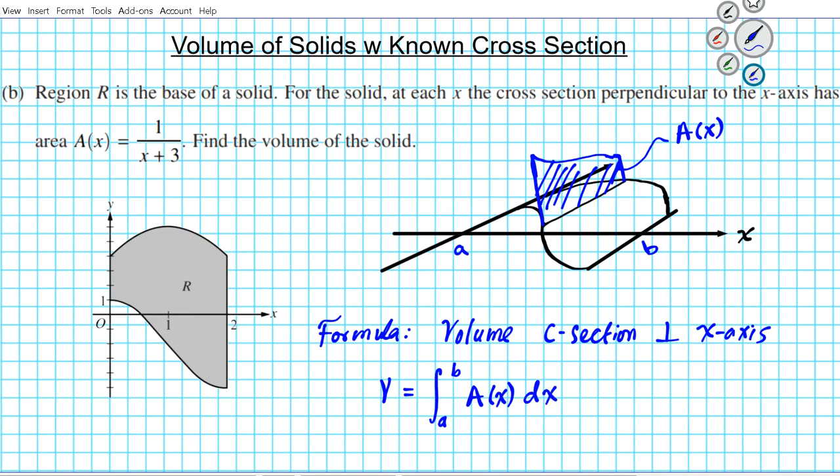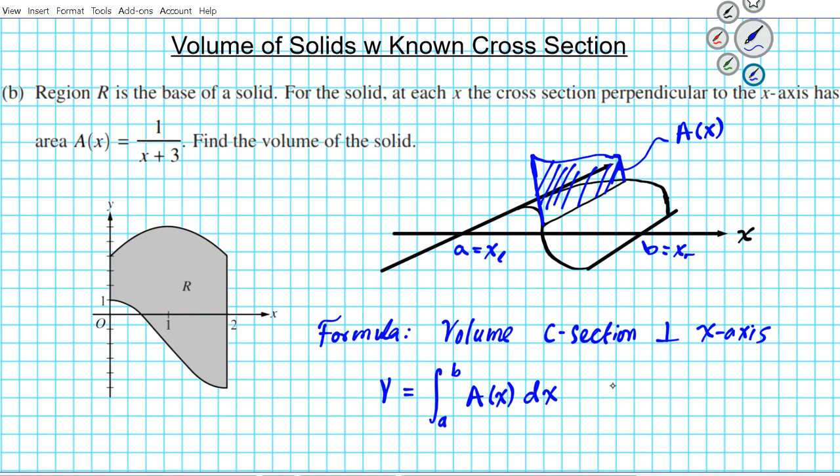If it were perpendicular to the y-axis, guess what? This is just going to be A of y dy, and then you're going to go from y bottom to y top. So think about it, it's similar to the previous problem we did: x left to x right. If it were perpendicular to the y-axis, it would be from y bottom to y top of A of y dy.